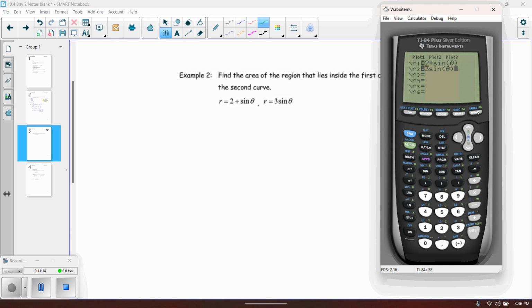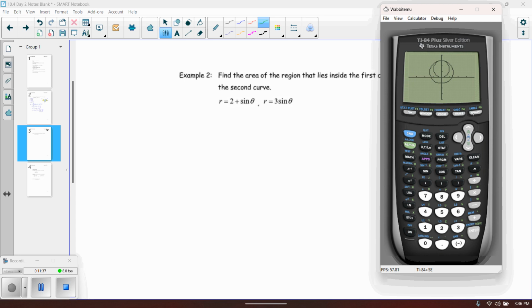And let's see what these look like. So there's the cardioid, and then there's your circle. Now, the hard part about the cardioid is you really can't see, because it looks really smooth there. You can't see where the little dimple of the heart is, but there is one, and that's part of what causes an issue here.